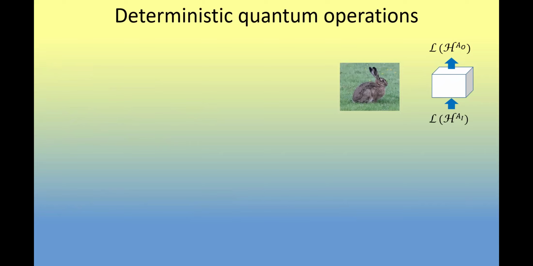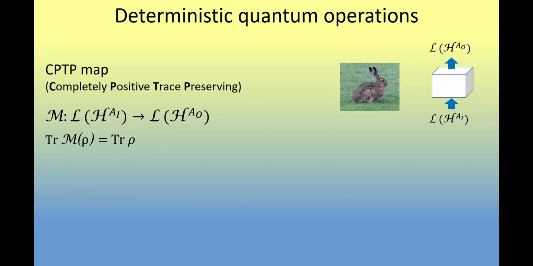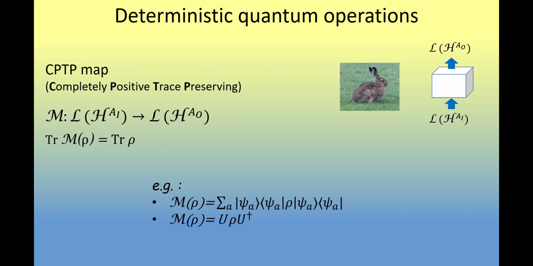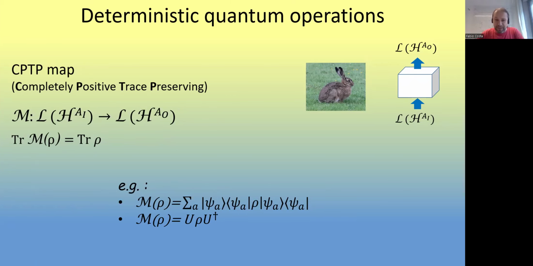These are, again, completely positive maps, but additionally, they have the trace-preserving condition, which means the trace of the state is preserved. Particular examples are, for the case of the projective measurement, the non-selective outcome of the measurement, which is taken by summing over all the outcomes of the previous measurement. But also a unitary evolution is another example of a deterministic operation.